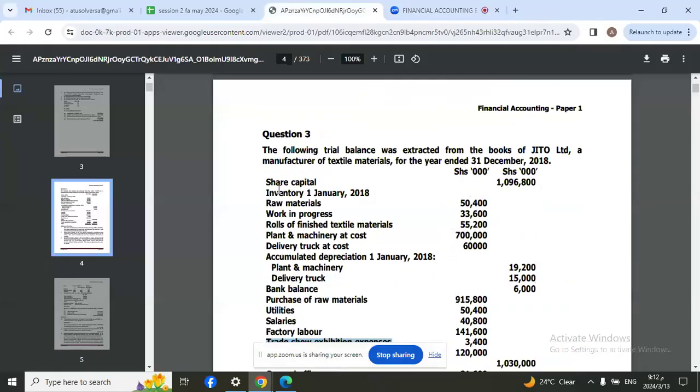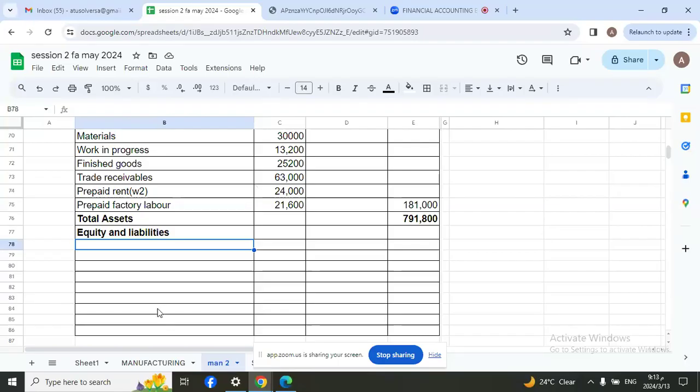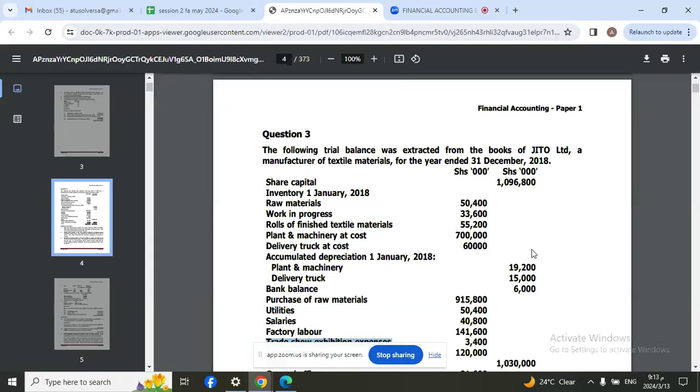We start with capital, share capital. So we come here, we write share capital. So our share capital is how much? Let me copy it.